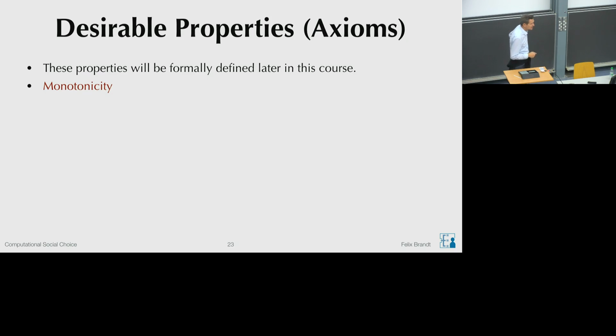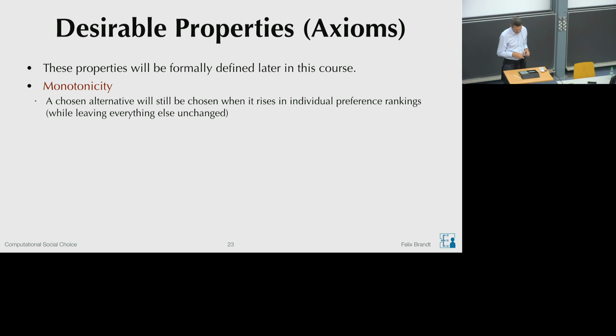The first axiom is called monotonicity. Even non-mathematicians have seen monotonicity in many different forms. There are many different properties called monotonicity in many different areas. In social choice, it means the following. If we have an alternative that is chosen, so that means it is among the winners selected by a social choice function, and then we reinforce this alternative, which means we are moving it up in the preference ranking of one voter and not change anything else.